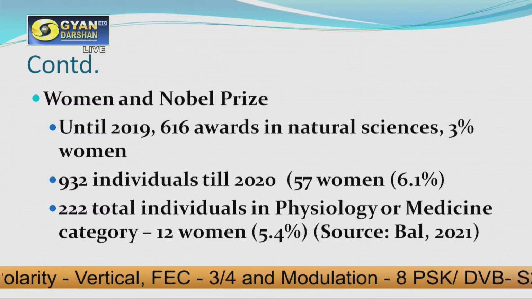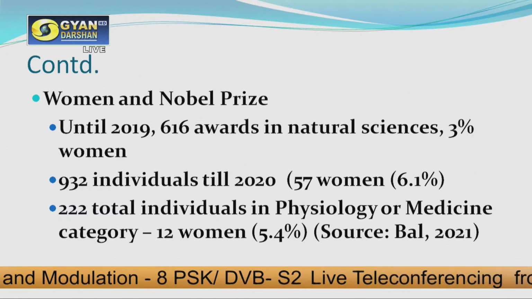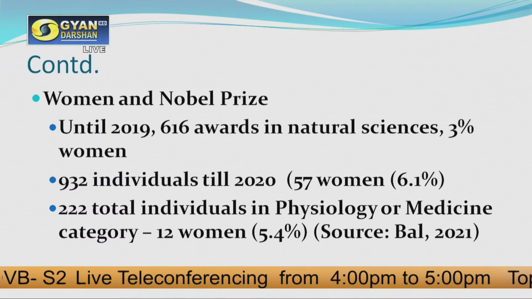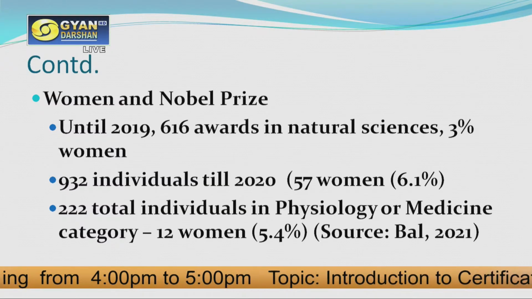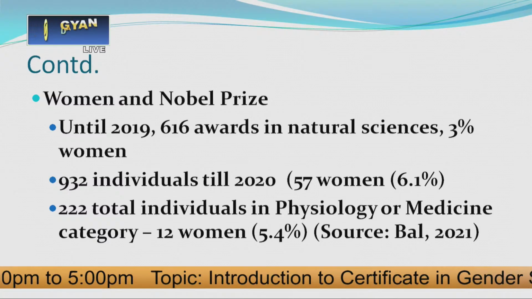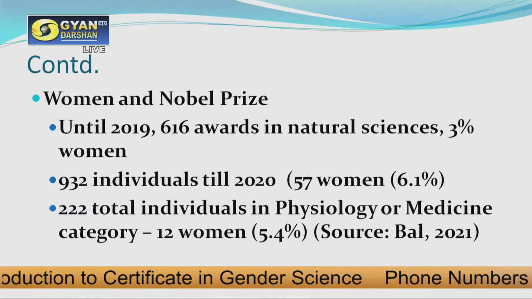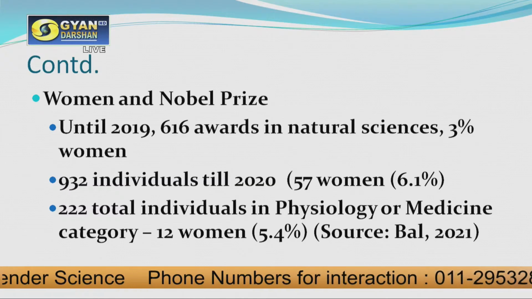Until 2019, 616 awards in natural sciences, where 3% were women. 932 individuals till 2022, where 6.1% are women who have got it, and total 222 individuals in the physiology or medicine category, out of which 12.